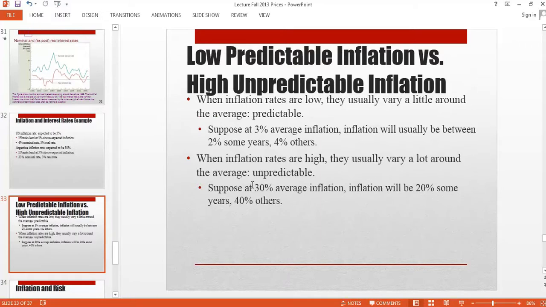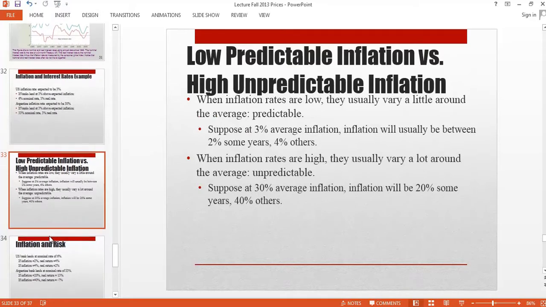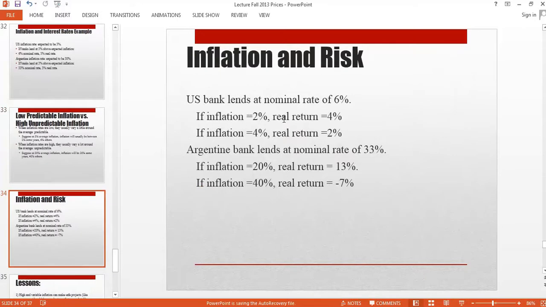In Argentina, with its 30% average inflation, heads, it's 20%, tails, it's 40%. If we run through the math, when the coin comes up heads, the US bank gets a real rate of return of 4%, and when it comes up tails, it gets a real rate of return of 2%. So there's some uncertainty here, but not a huge amount.